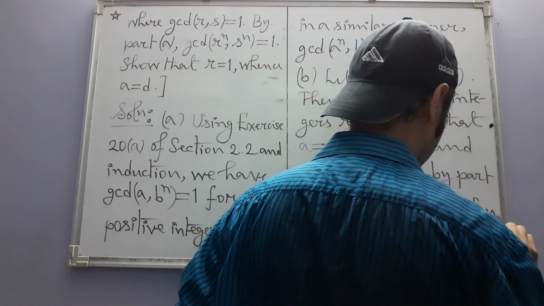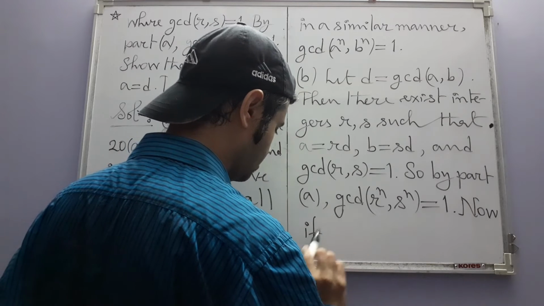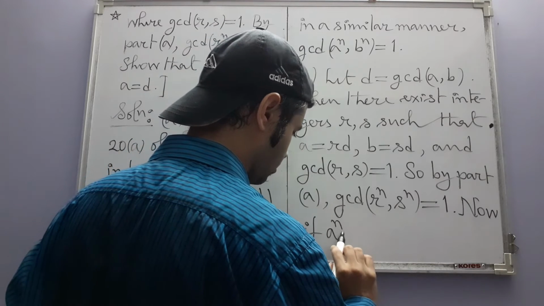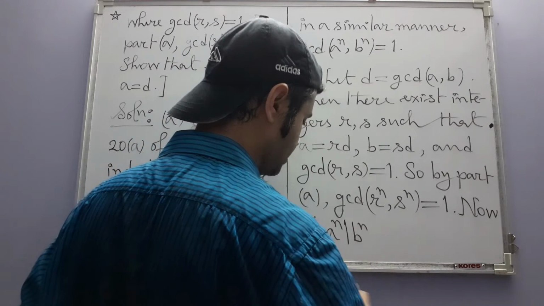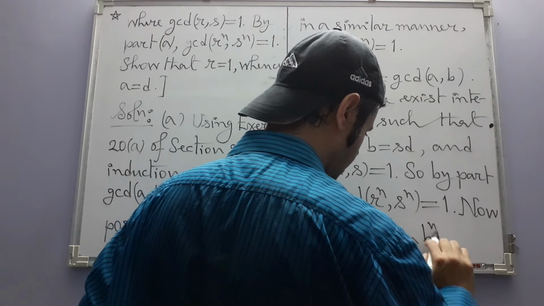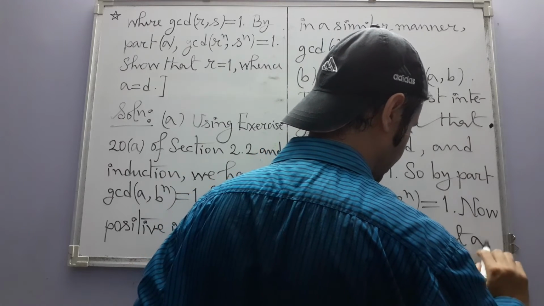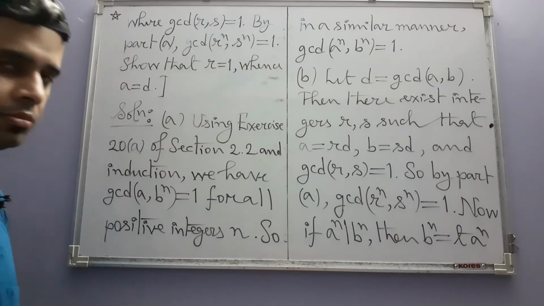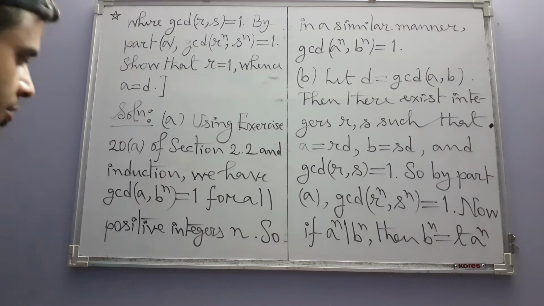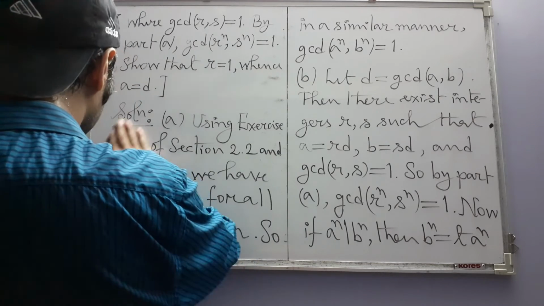Now, if A to the power n divides B to the power n, then B to the power n is equal to, say, T times A to the power n for some integer t. That's what this divisibility relation means.